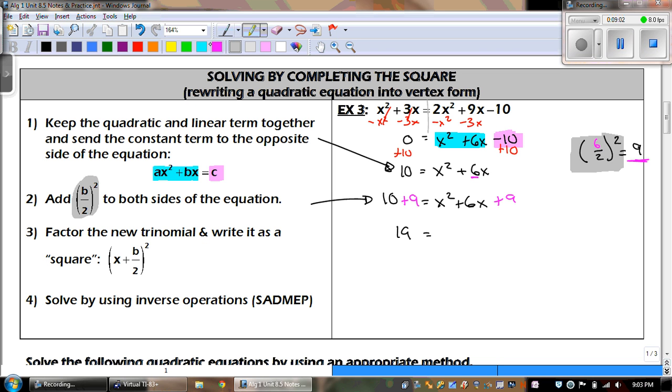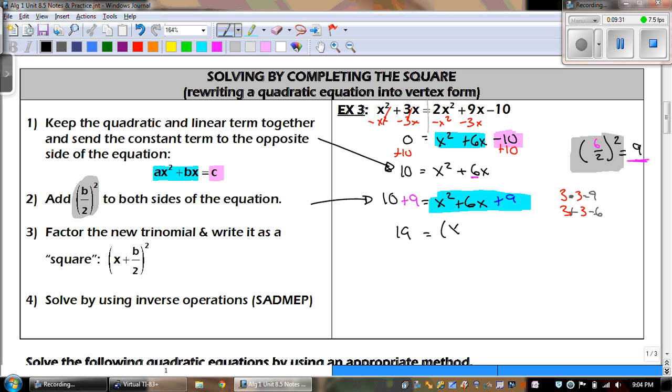But on the right side, x squared plus 6x plus 9, we can factor that, guys. That's why we did this. All right? We factor numbers that multiply to get 9 and add to get 6. What are those? Yeah, 3 times 3 and 3 plus 3.